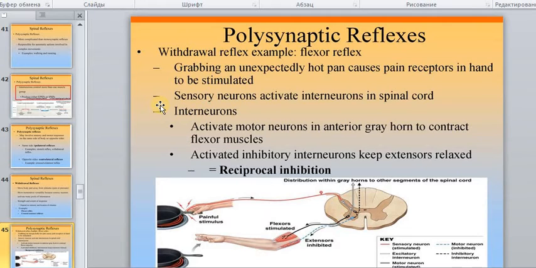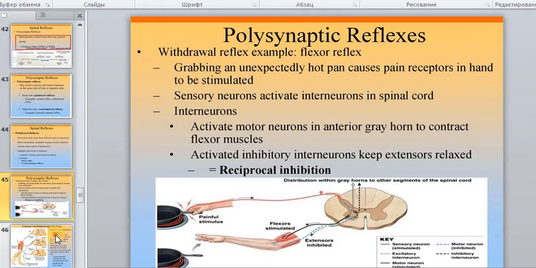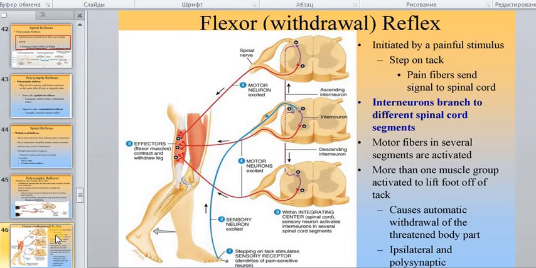Sensory neurons activate interneurons in the spinal cord, and the side is the same. You just need to inhibit some muscles and stimulate others. So we discussed this reflex, so I won't spend a lot of time, just move on to other examples.